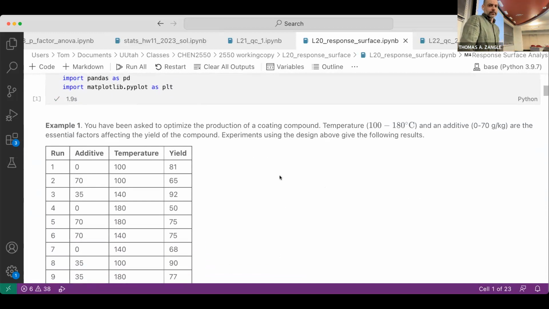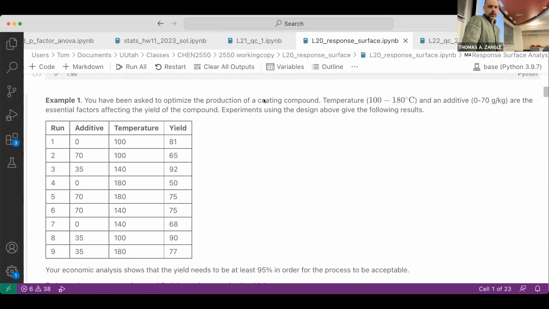So, for an example, we'll say we've been asked to optimize the production of a coating compound, and we think that temperature and some amount of an additive are the essential factors that affect the yield of the compound.